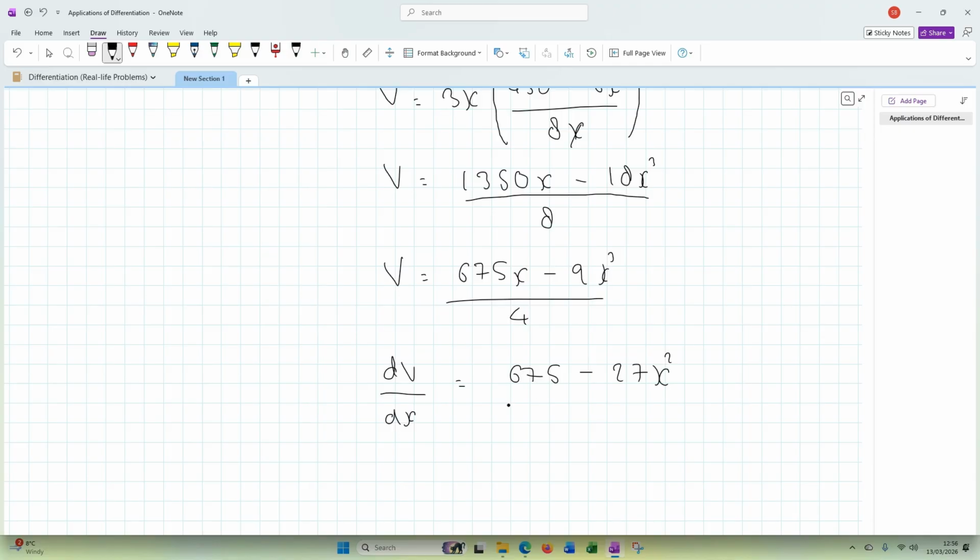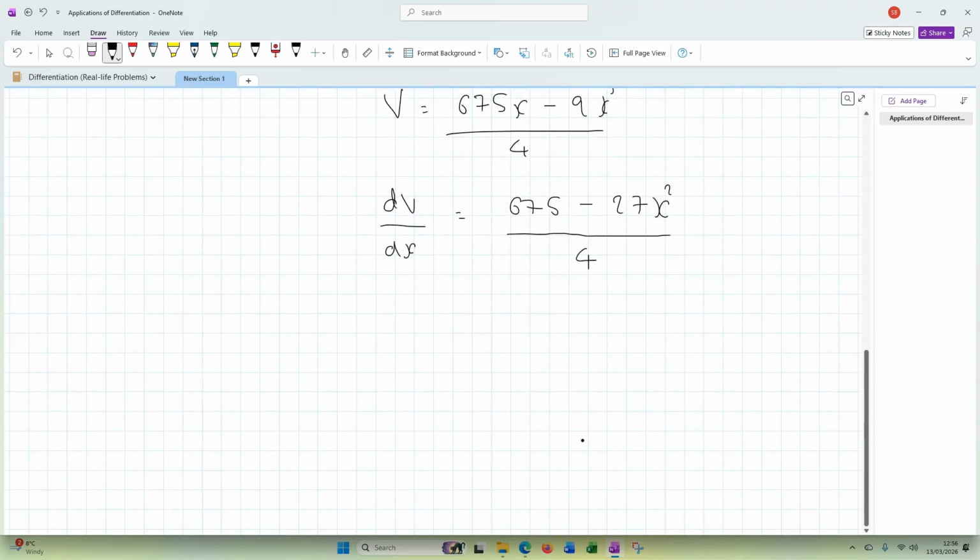Again, I'm assuming you have an understanding of basic differentiation. Now again, as in the previous two questions, we want to equate the derivative to 0 to find the maximum volume. So 0 equals 675 minus 27x squared all over 4.